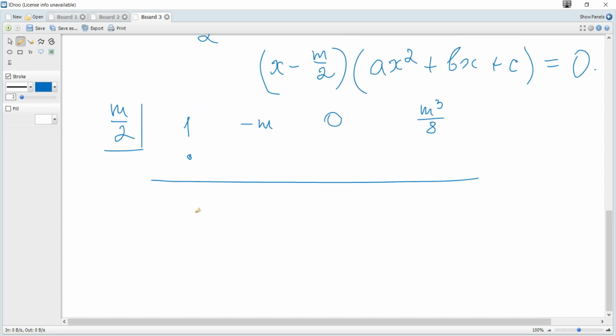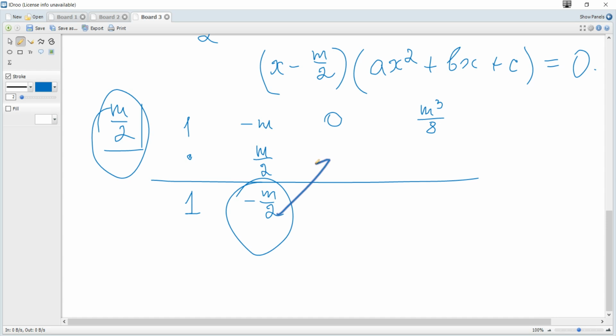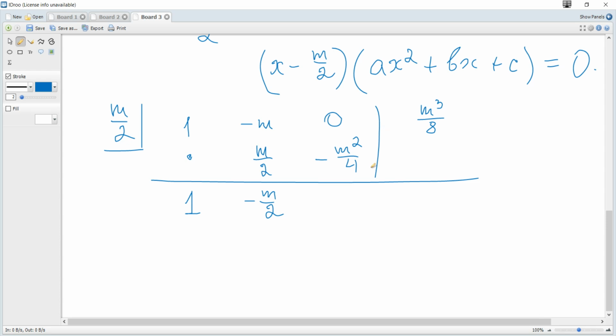Then this value again, and this multiplied by this, and right here it's m over 2, and we add this up: negative m plus m over 2 is negative m over 2. Then this multiplied by this gives negative m squared over 4, and again add this up. Then again this multiplied by this becomes negative m cubed over 8, and 0.